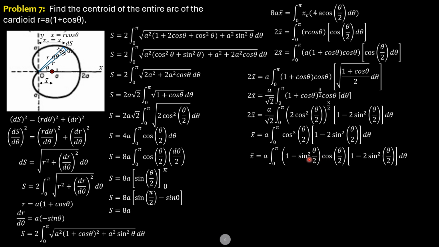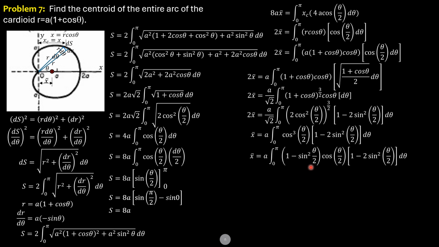Then we distribute these quantities inside the parentheses and this inside the brackets. So we have 1 minus 2 sine square theta over 2 minus sine square theta over 2, so that would be 1 minus 3 sine square theta over 2. Then negative sine square theta over 2 times negative 2 sine square theta over 2 is positive 2 sine to the fourth theta over 2.